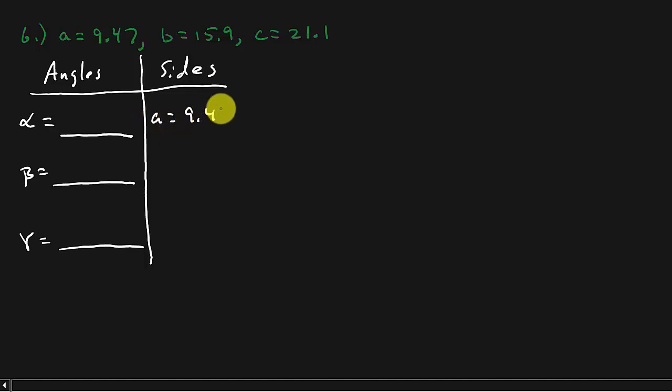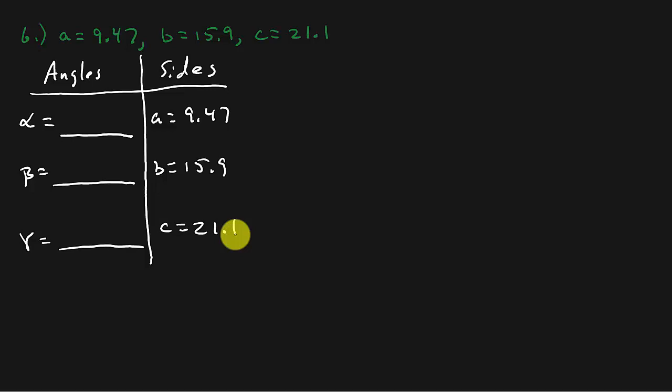A is 9.47, B is 15.9, and C is 21.1. First thing we think of is to use the law of sines. That's how you want to go through all these. But I can't. You see that? We have to use the law of cosines.